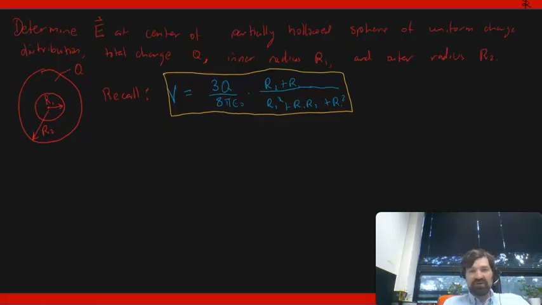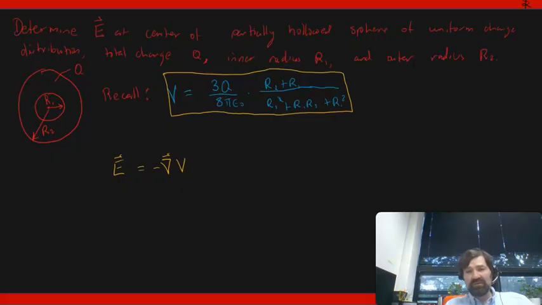So recall that this is our voltage. Now to get E, we just need to take the negative of the gradient of V. Now we could do that in Cartesian, but we could also do it in spherical coordinates. As it turns out, in spherical coordinates, this partial differential equation is a little weird. The first term, or leading term, is a d by dr. The others have some phi's and thetas and r's mixed in.